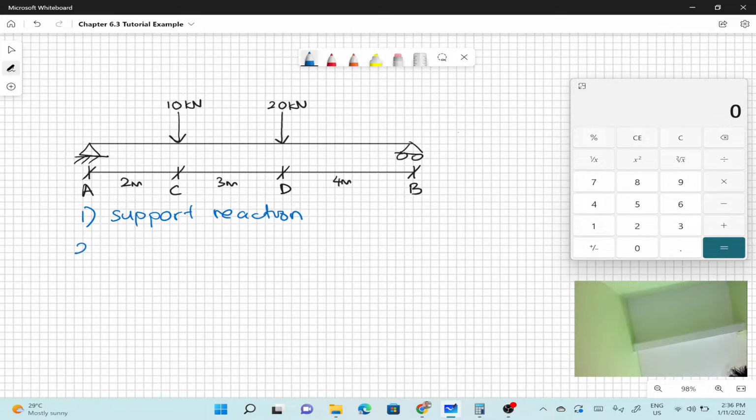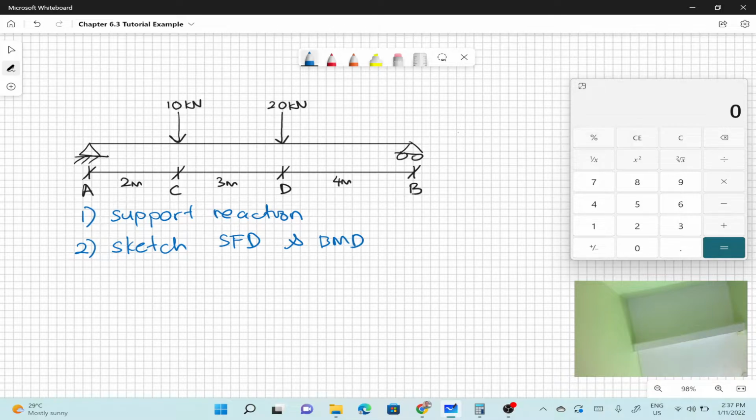And then from the support reaction, you should be able to straight away sketch the shear force diagram and bending moment diagram.